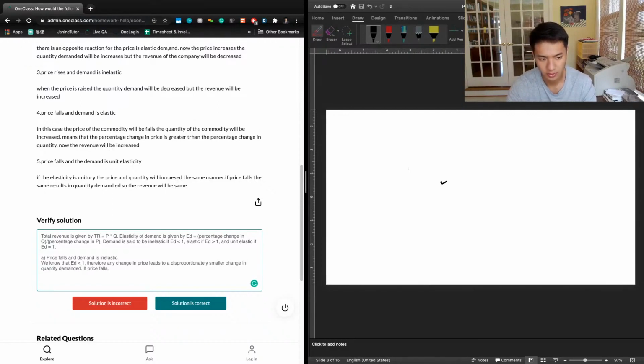If price falls, quantity demanded goes up by a smaller percentage. So the price effect dominates and leads to a fall in total revenue.